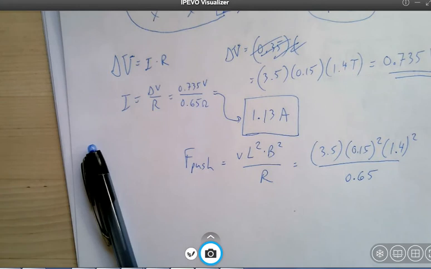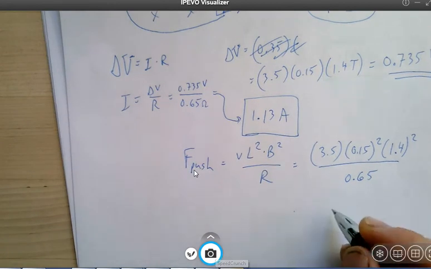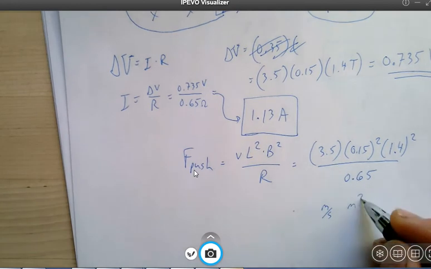Notice how I'm moving away from putting the units in these calculations, because when we add up all the units together, they don't really make sense. We're trusting that if we keep to SI units, this force is going to be in newtons. Take a look at what the units might look like. Meters per second for this part. The length is in meters, and then it's squared.